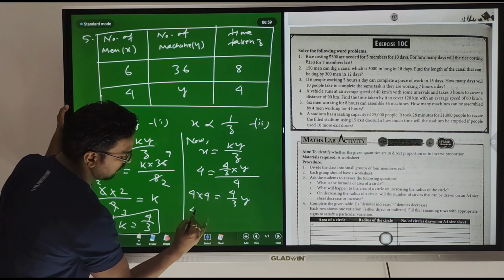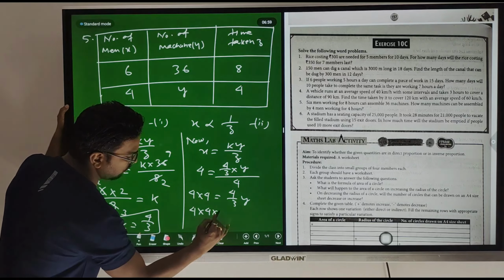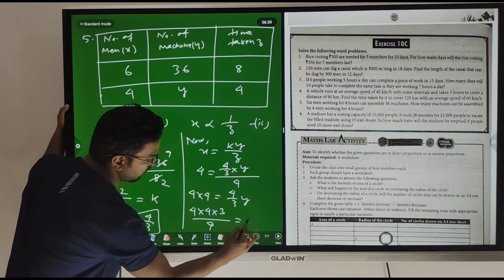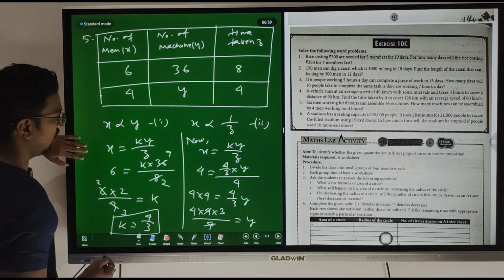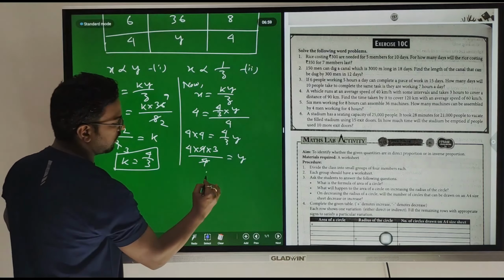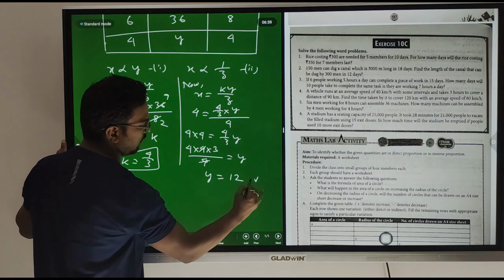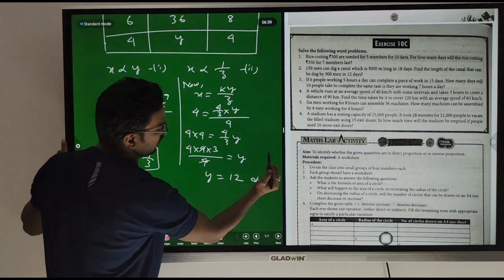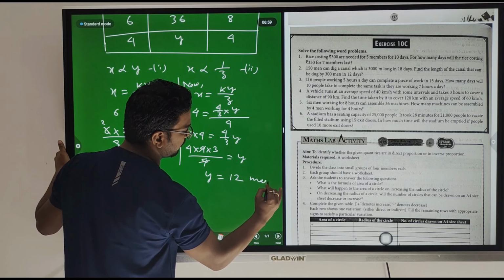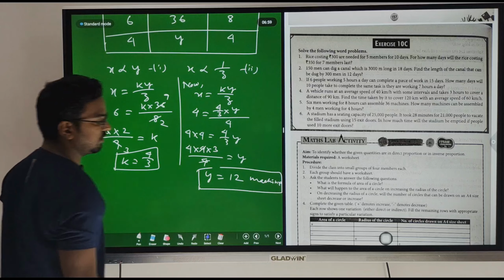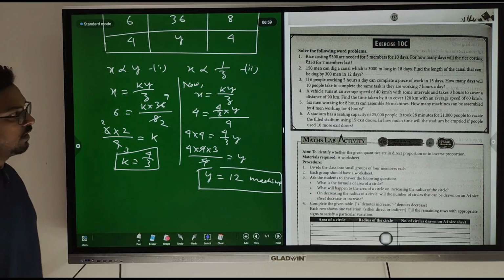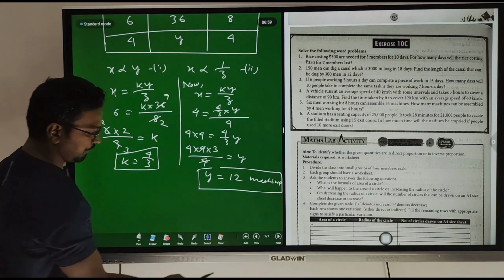So if you bring it to the other side, it will become 4 into 3 divided by 4, right? So 4 cancel. So the value of y is how much? 12 machines. They can manufacture how many machines? 12 machines. Okay.